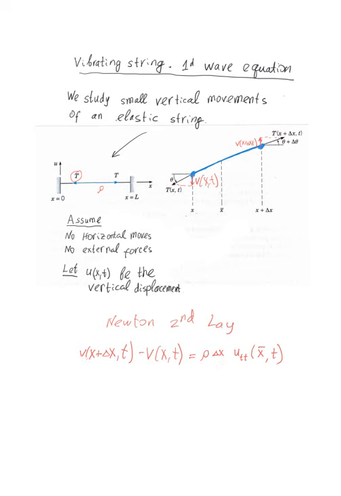Now let's divide both sides by delta x. So the delta x on the right side cancels. And now we take the limit as delta x goes to 0. So at the left side, we will have the derivative of V and at the right side, we'll have rho multiplied by the second derivative of u at x, t.